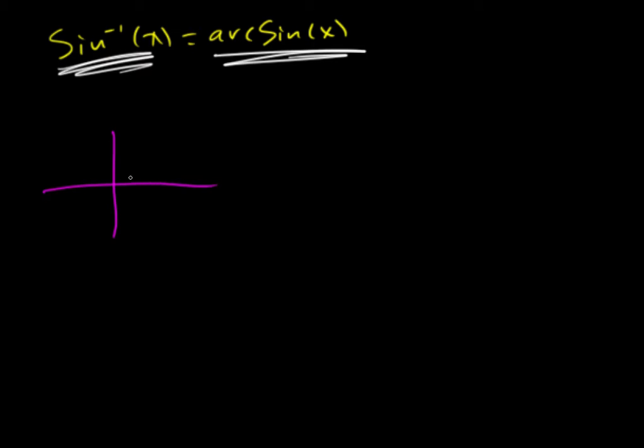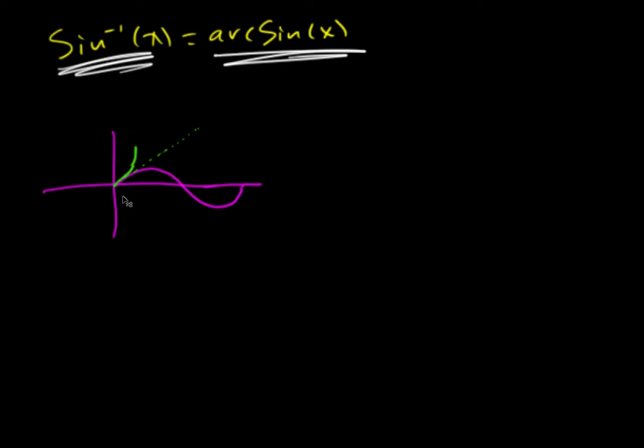So for example, if we do sine and we reflect it across here, it's going to look like that. And so if we don't restrict the domain, it's going to be a problem because it's failing the vertical line test in many places.